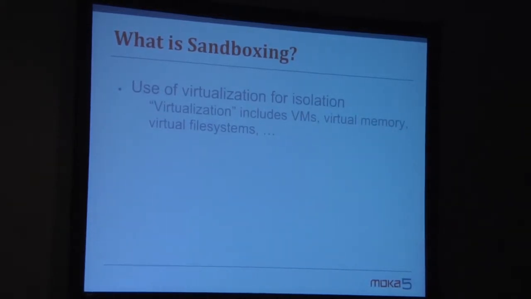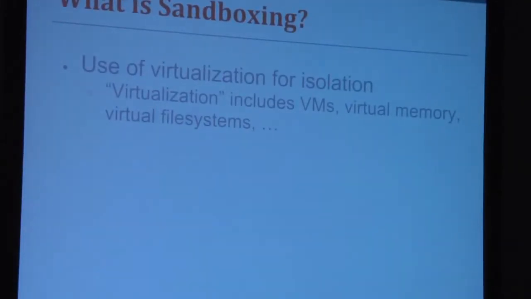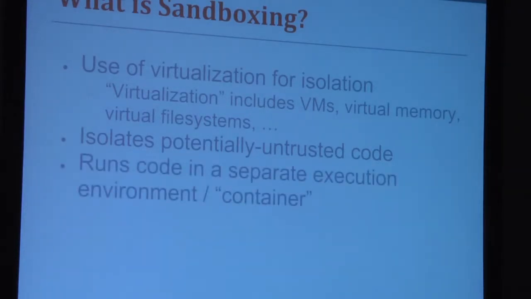This is virtualization in the more general term, because a lot of sandboxing doesn't necessarily imply a virtual machine. This is really adding a level of indirection so you can isolate the effects of some process or task. This allows you to isolate potentially untrusted code, run it in a separate execution environment or container, and then contain the effects of that code.